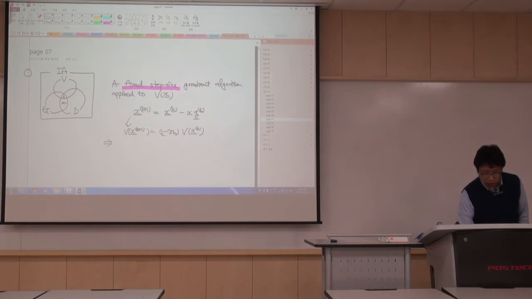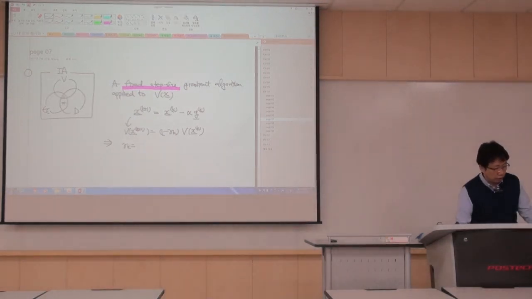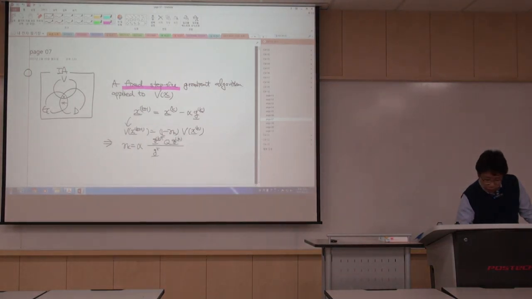It's a simple substitution that shows that gamma sub k, as we've seen already in the gradient method, is alpha times g sub k transpose Q g sub k divided by g sub k transpose Q inverse g sub k, times 2 times g_k transpose g_k over g_k transpose Q g_k minus alpha.